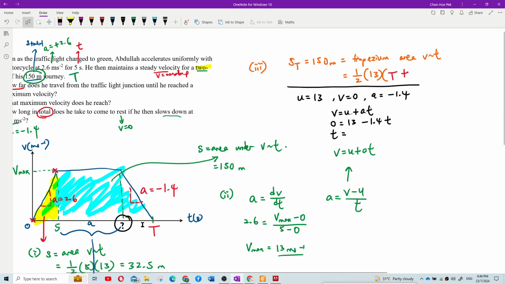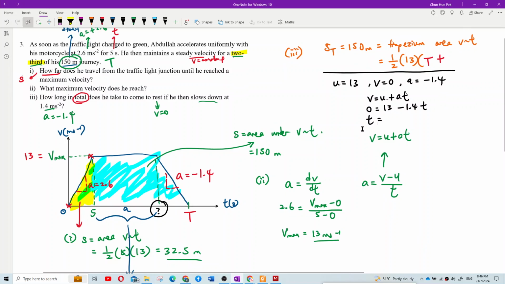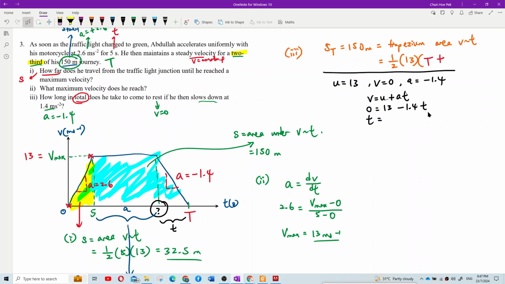You understand this one? This one is final velocity at 0 here. Initial velocity 13, and deceleration is negative 1.4. So the time taken here is this one. I can get the time here. This is the time.